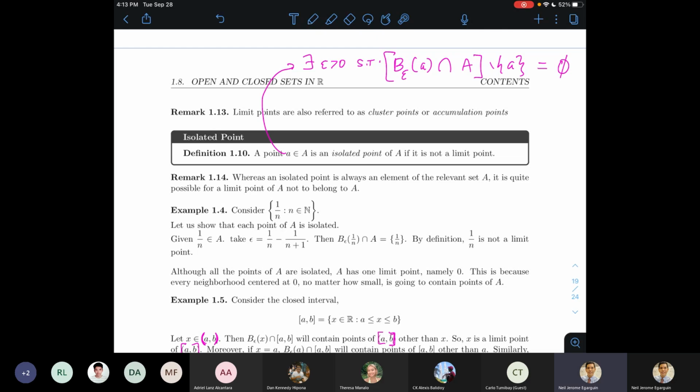Ibig sabihin, yung intersection ng isang epsilon neighborhood, isang specific value for epsilon, and A ay wala ng ibang laman except kay little a. So, ibig sabihin, merong isang epsilon neighborhood na walang laman na ibang elements ni capital A. Kaya siya isolated. So, makakahanap ka ng maliit na neighborhood kung saan nagsosolo siya na element ni A. Alright? Okay. Let's consider some examples.